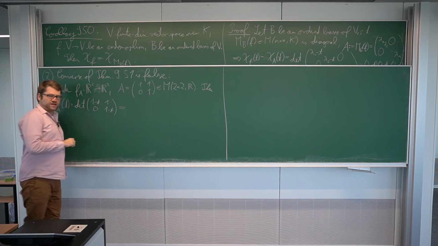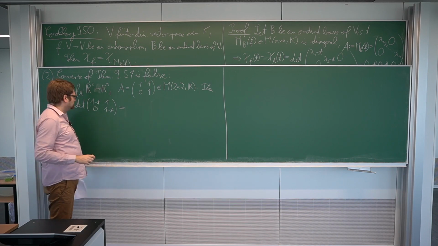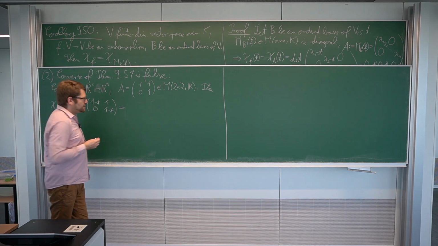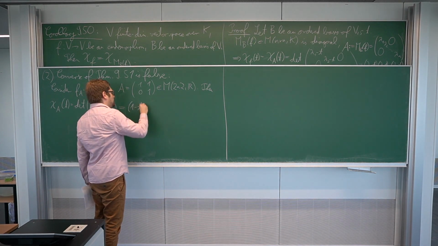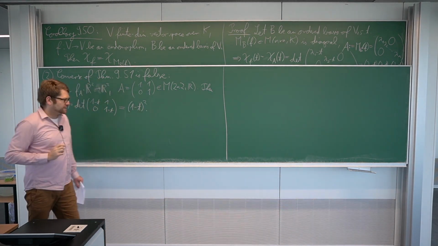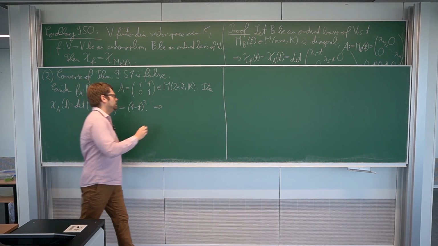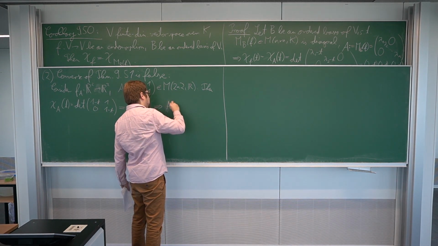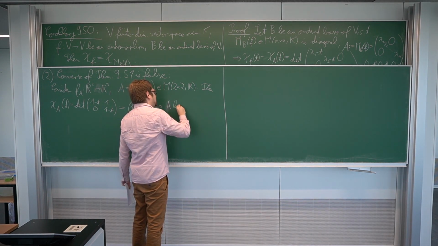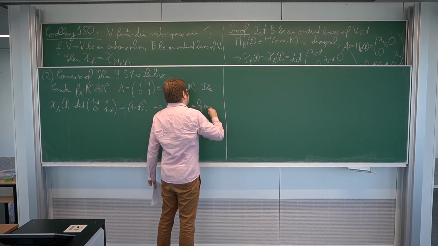And this is an upper triangular matrix, so we know that the determinant of an upper triangular matrix is just the product of these diagonals. Otherwise, you can also use the 2 by 2 matrix formula. So the characteristic polynomial is just 1 minus t squared. And so we see A has precisely one eigenvalue, namely 1.